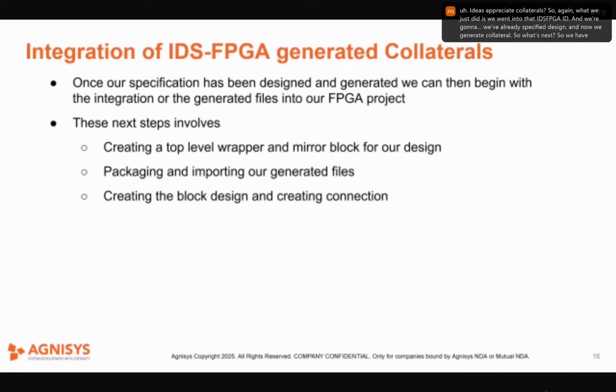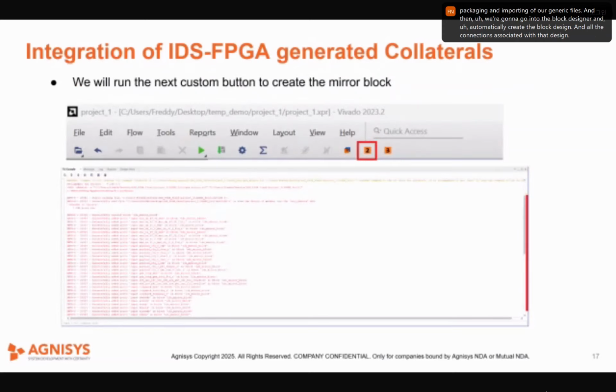Through some scripting that we have available, we're going to create a top level wrapper and mirror blocks for our designs. After that, we're going to do the packaging and importing of our generated files. And then we're going to go into the block designer and automatically create the block design and all the connections associated with that design. Going back to those custom buttons, we have them here.